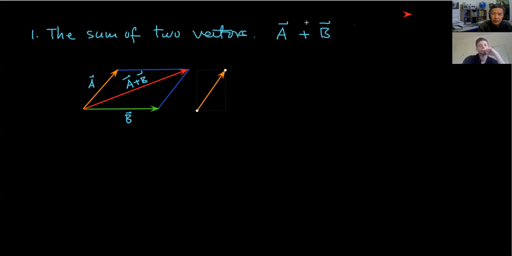Now, when we draw the second vector, instead of putting the tails together, we shift it to the head of the first vector. This is very practical, and practically used. In this way, the sum of the two vectors is simply the line connecting the first tail and the second head.